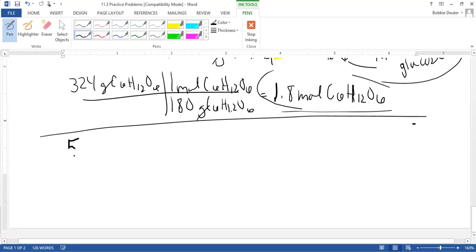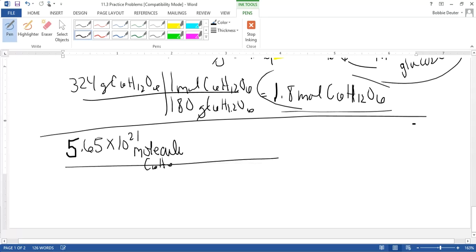So you have 5.65 times 10 to the 21st. And because this is a covalent compound, it's going to be a molecule of benzene. And let's convert that into moles first.